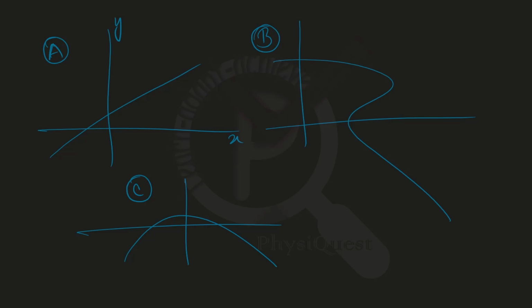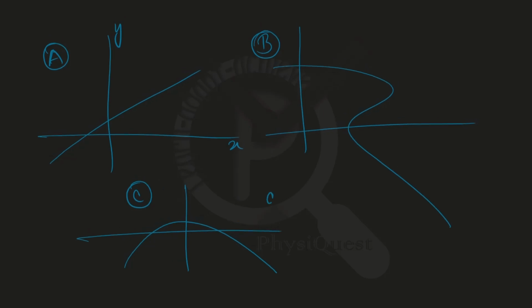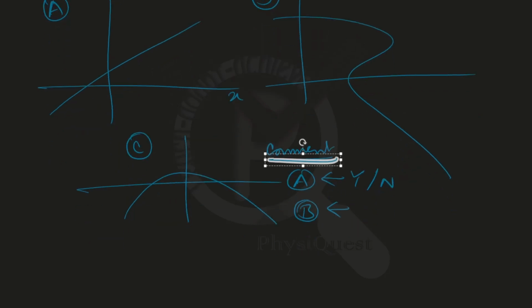Just comment below. For A, is it a function? Yes or no. For B, is it a function? Yes or no. And for C, is it a function? Yes or no.